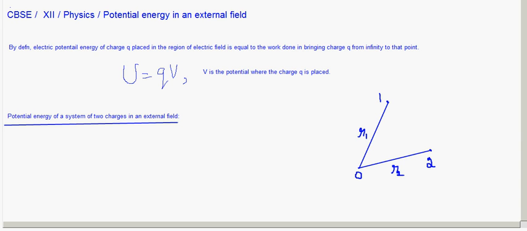So we have to consider the potential energy of a system of two charges q1 and q2 located at r1 and r2.